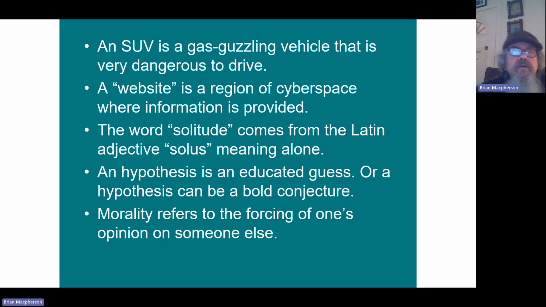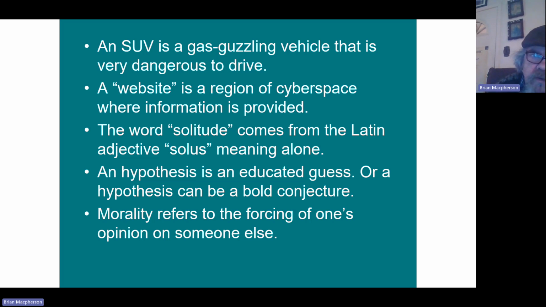Okay, here's another definition. A website is a region of cyberspace where information is provided. I guess that it's also intentional, right? Because it's not giving you examples of websites, right? Like, for example, Twitter is a website, Facebook is a website, YouTube is a website. So I'm not giving you examples, I'm giving you characteristics again.